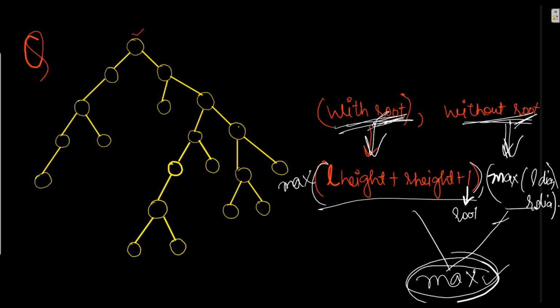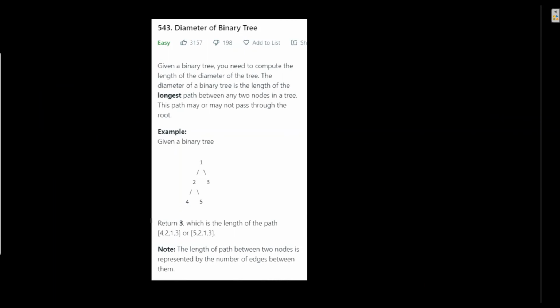Now let's read the question, which says: given a binary tree, you need to compute the length of the diameter of the tree. The diameter of a binary tree is the longest path, and this path may or may not pass through the root, which we have taken as with root or without root.